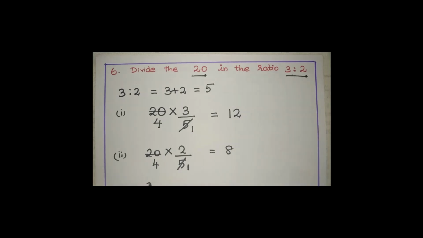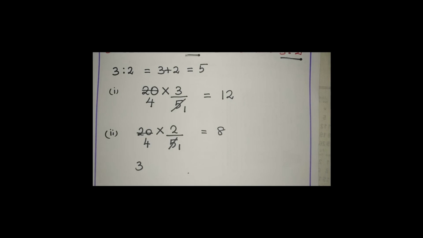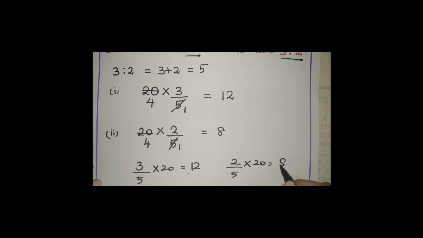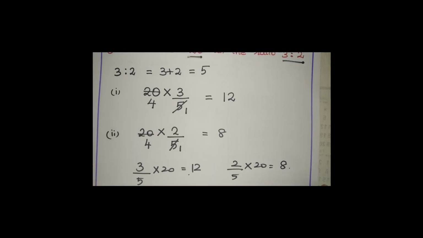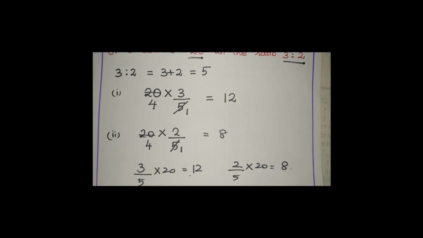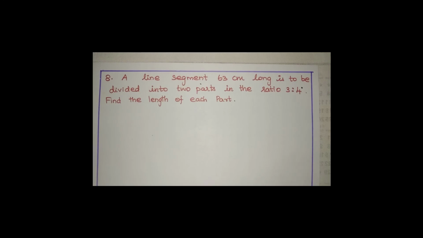So 3 by 5 part of 20 will be 12 and 2 by 5 part of 20 will be 8. Is it clear? Okay.